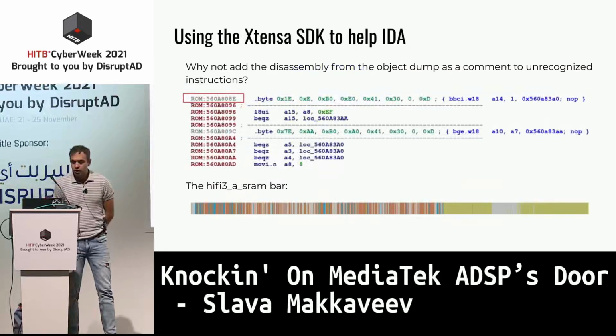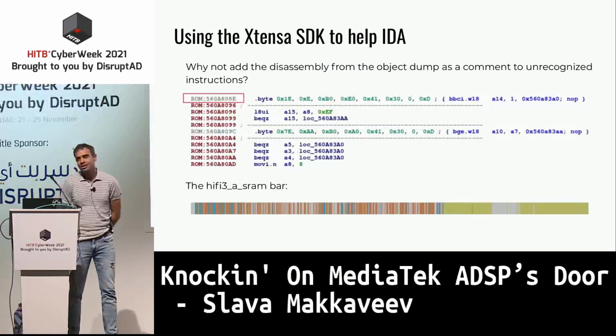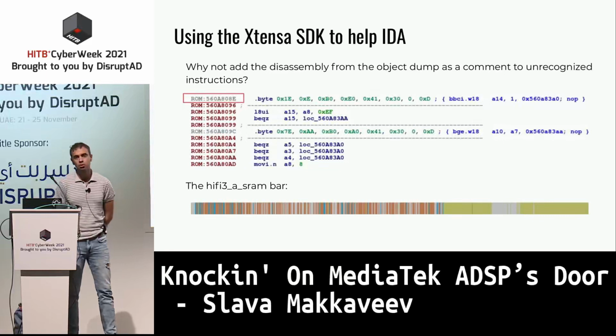But the object dump contains many errors actually, and cannot be used as a main resource for the research. But again, it can help to parse and disassemble the HiFi 5 partitions much better.